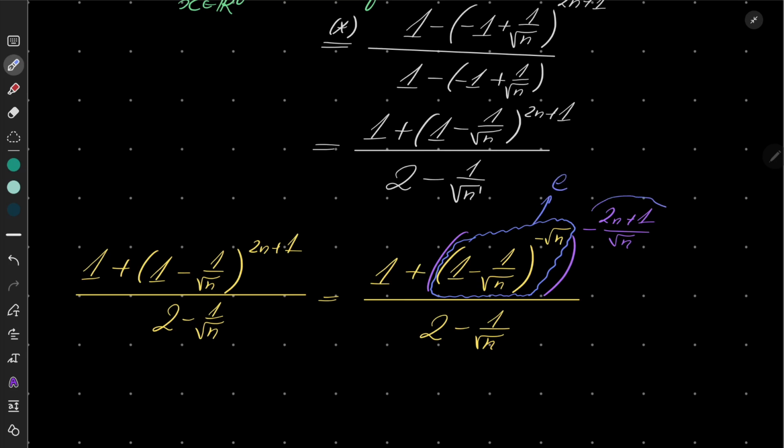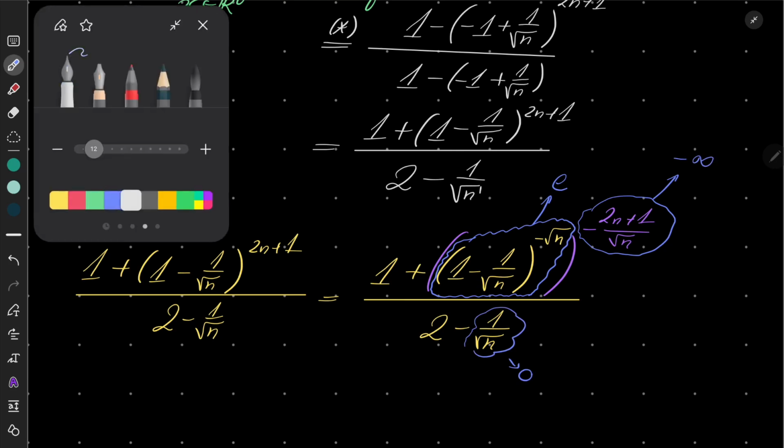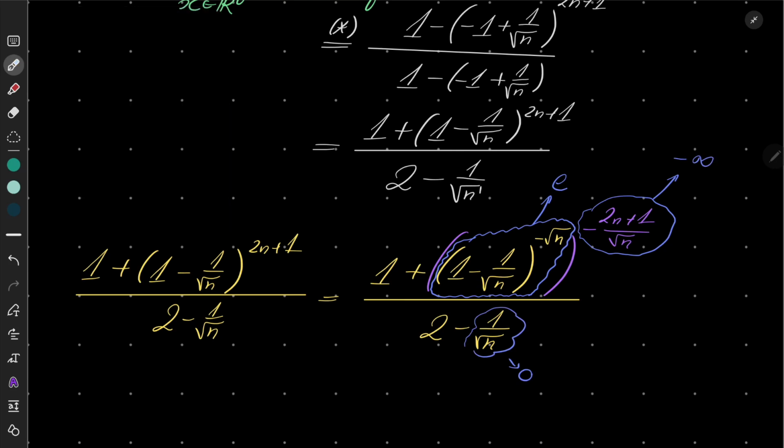And this exponent, it's pretty easy to see that it will go to minus infinity. Again, this goes to 0. So we have e to the power minus infinity, but e to the power minus infinity is just 0. So we have 1 plus 0 over 2 minus 0, which is 1/2.